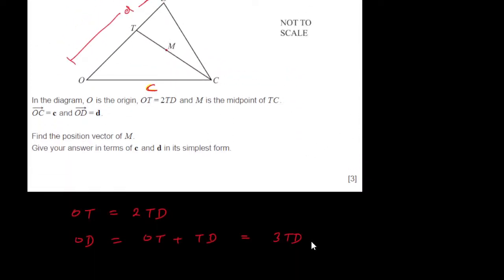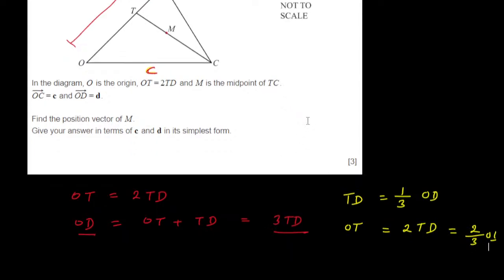So OD is 3 TD, and from here TD is 1 divided by 3 OD, and OT, which is 2 times TD, is 2 divided by 3 times OD.